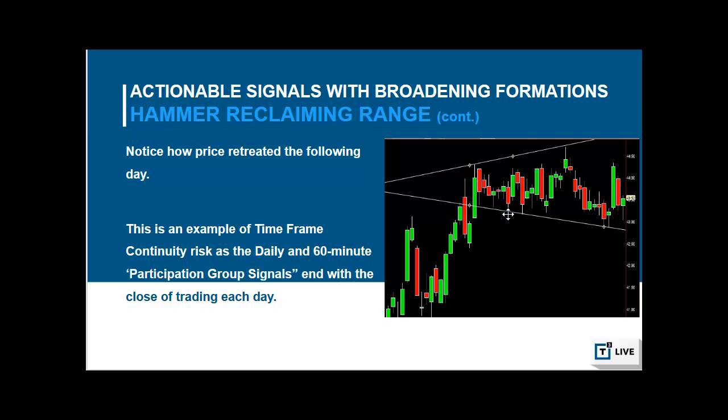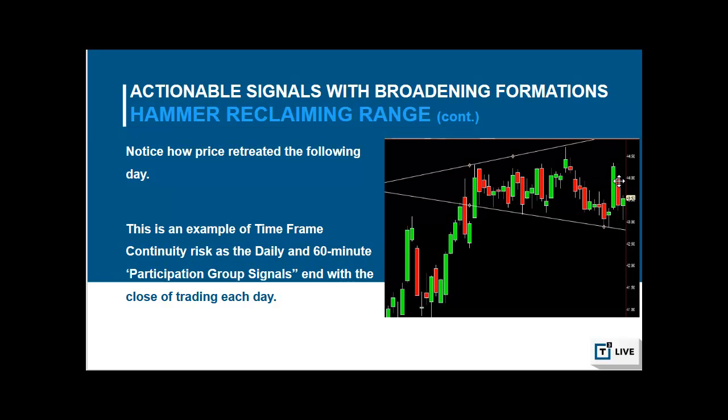You can see this here, lower low, higher high, lower low, comes back in off the hammer, jacks them right here. But the next day, since we are at continuity risk because the day and the 60 are over and that signal has exhausted, this is no longer in force, you're at risk of something like this happening, gapping right back down into you.